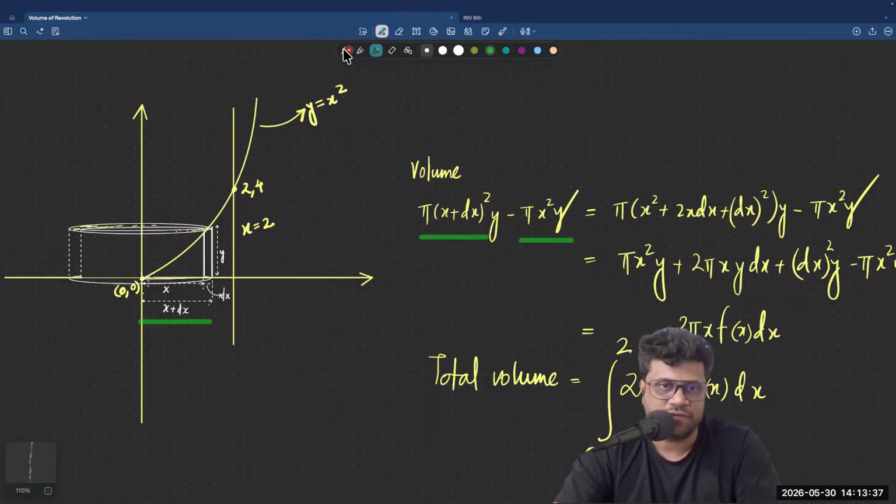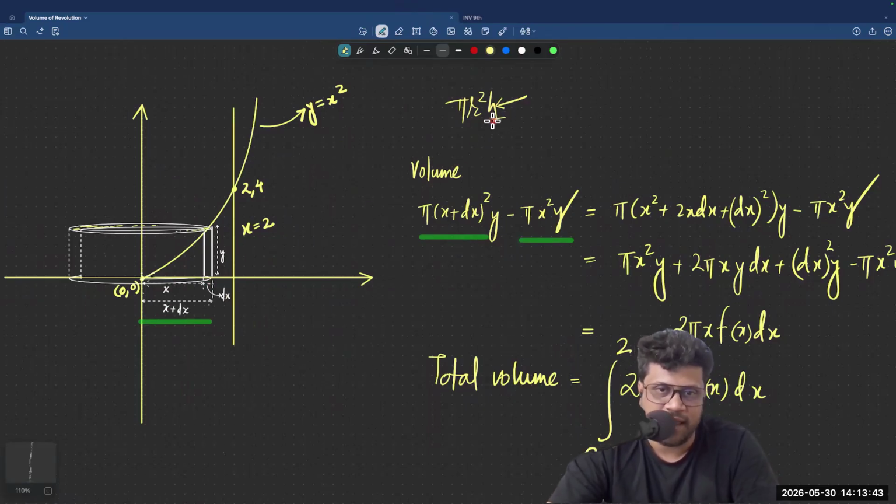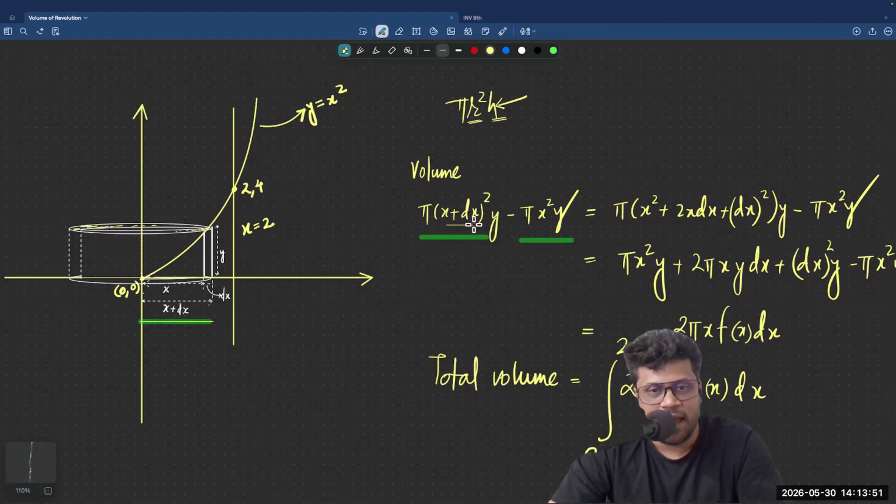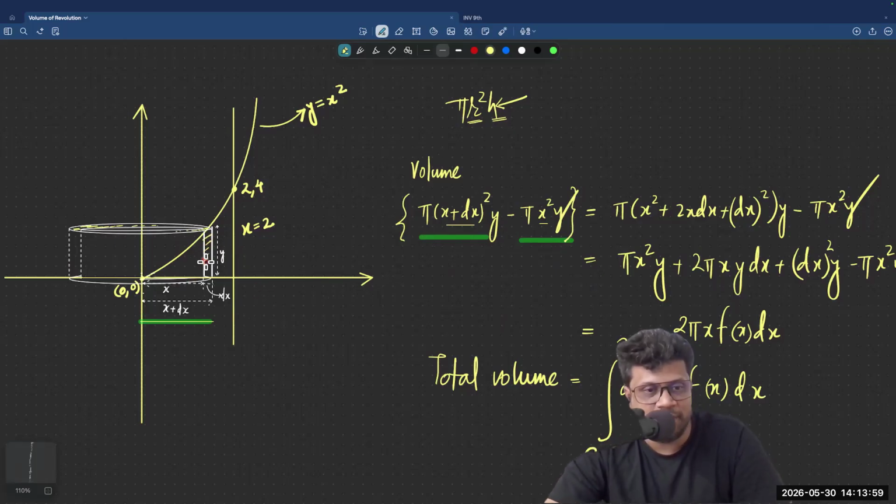The formula we're using is pi r square h. Here h is the height of that strip, which is y, and r is the radius. The larger outer cylinder has a radius of x plus dx, and the inner cylinder has a radius of x.